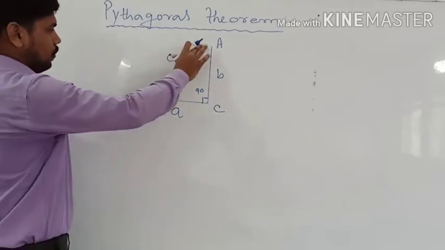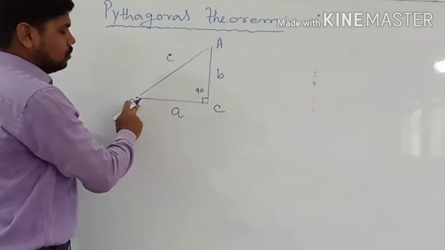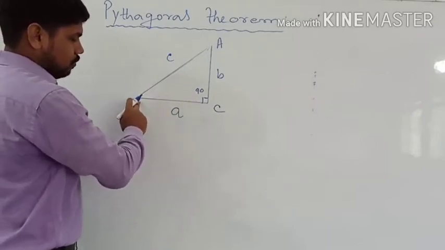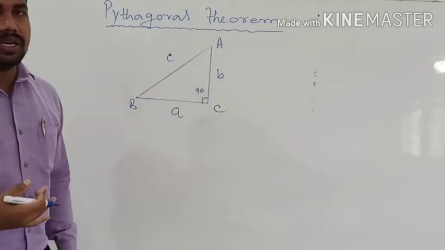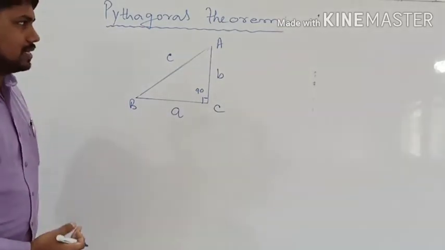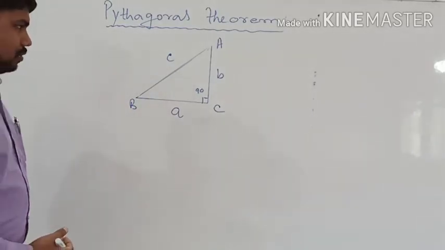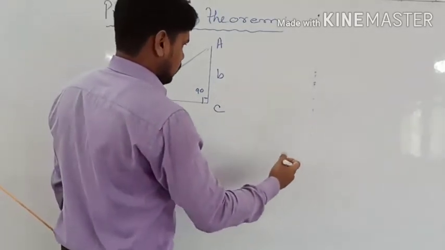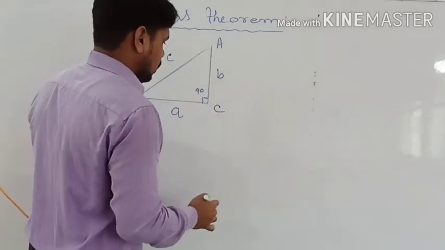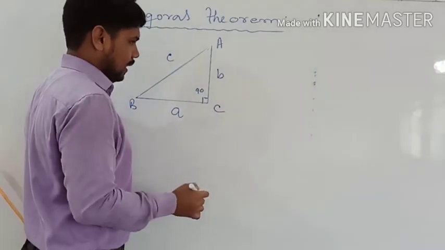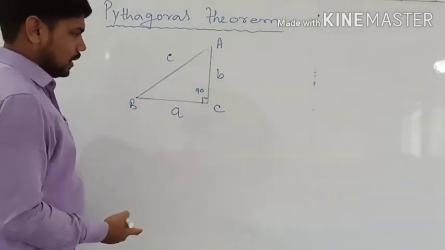So what will be here? The square of the length of this side will be equal to the sum of the squares of this side plus this side. Right? This is the relation which Pythagoras has given related to the right triangle. तो इसमें hypotenuse जो है ये है, जिसको हम लोग hypotenuse लिख सकते हैं. तो यहाँ पे हम लोग इस तरह से लिख सकते हैं कि hypotenuse square is equal to the sum of the side squares.